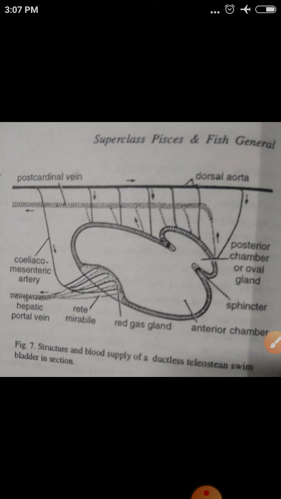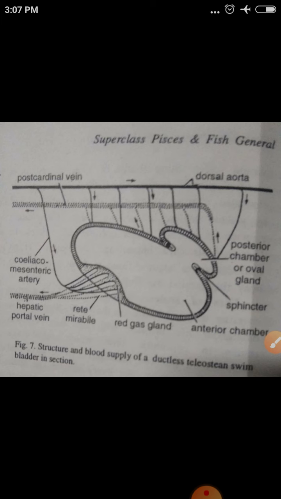The first function is respiration, the second is hydrostatic, and the third is sound production. Then the fourth function is audition. In Cypriniformes, a series of small bones called the Weberian ossicles connects the air bladder and the perilymph cavity containing the internal ear.